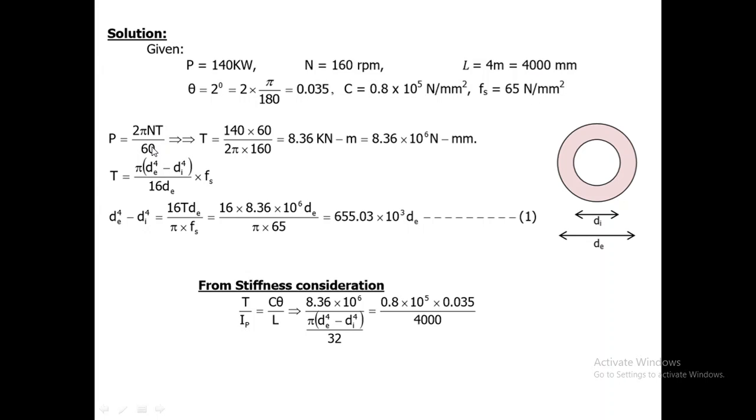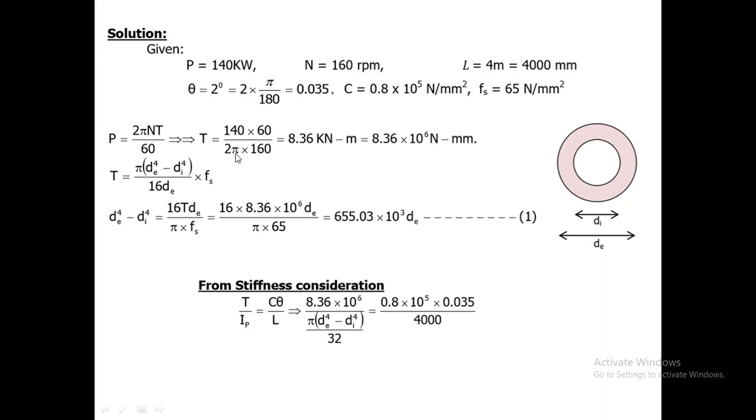Power is given in kilowatts and N in RPM, and torque you have to find. Initially we get that in kilonewton meter, and you can convert it into Newton millimeter, because we are taking other units in millimeters.